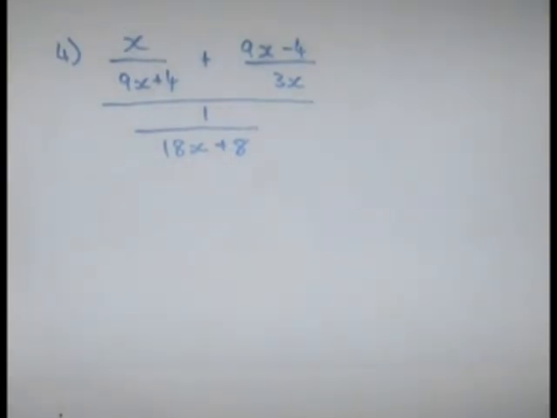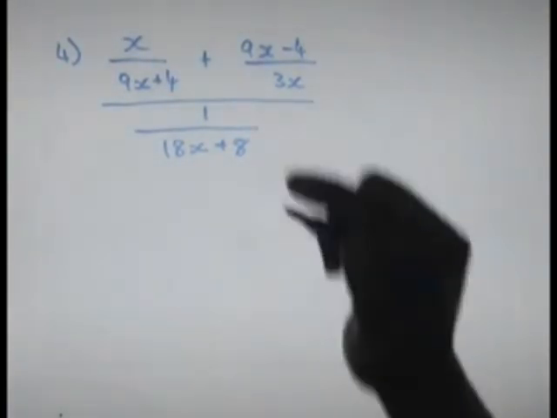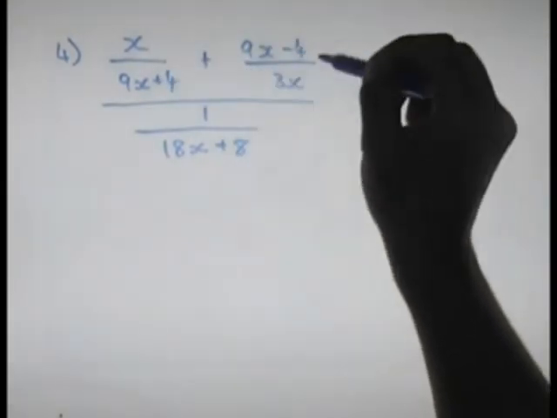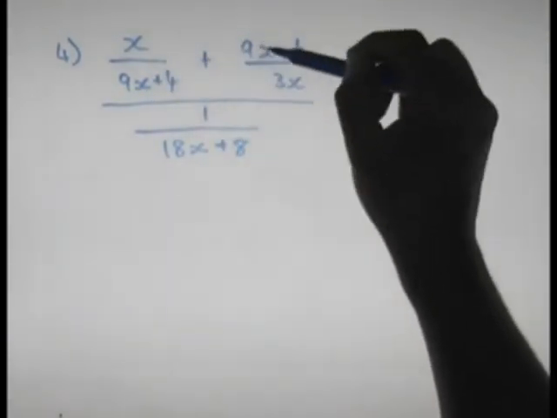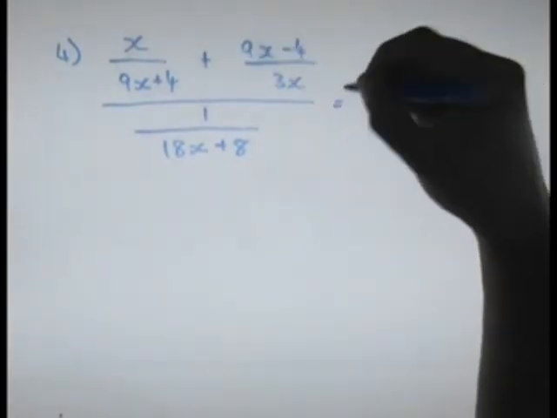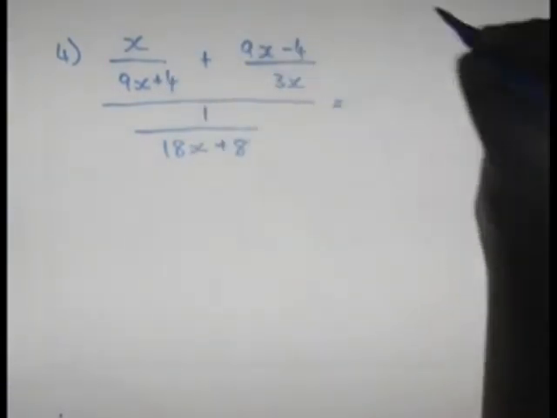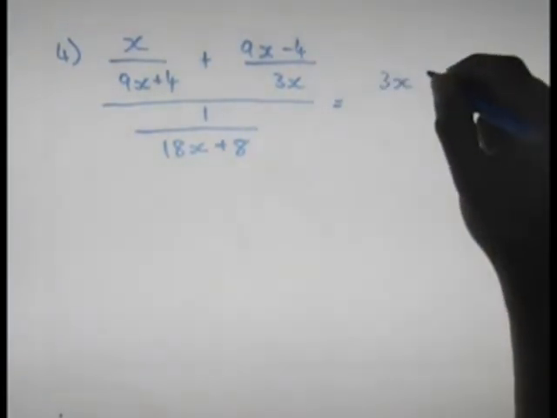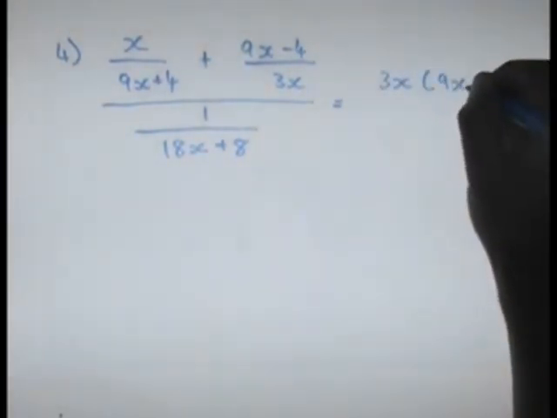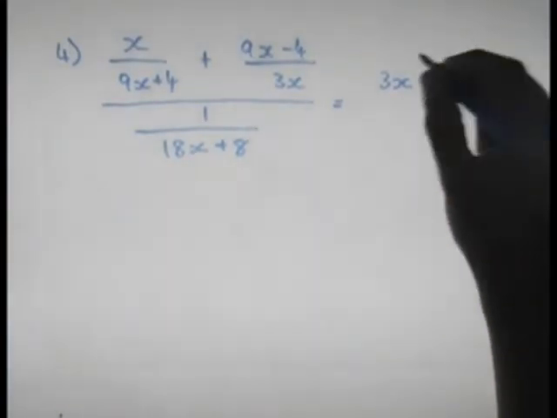What I'm going to do with this one here, I'm first going to start by simplifying the top, if I can. In this case I can't. What I'm going to do is convert it to a common denominator. My common denominator at the top is 3x multiplied by 9x plus 4.